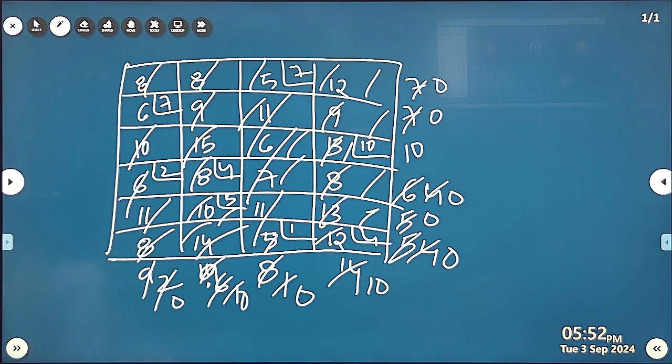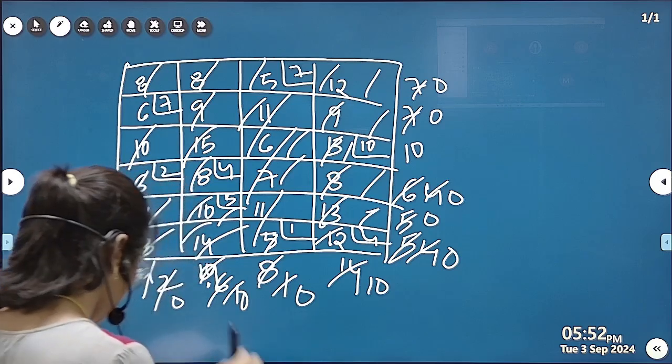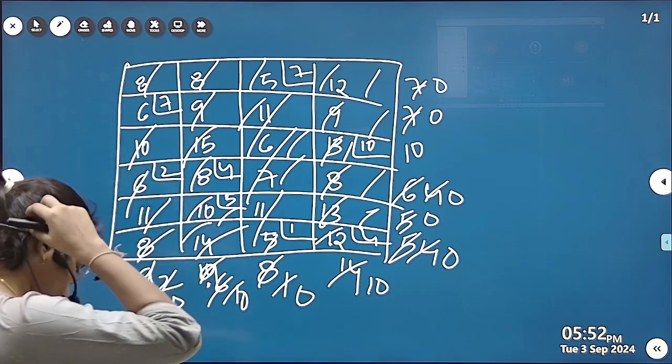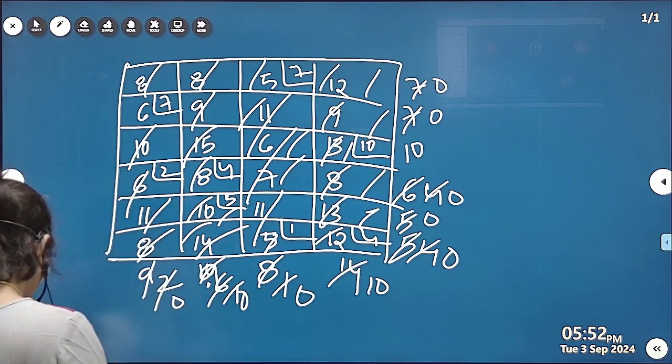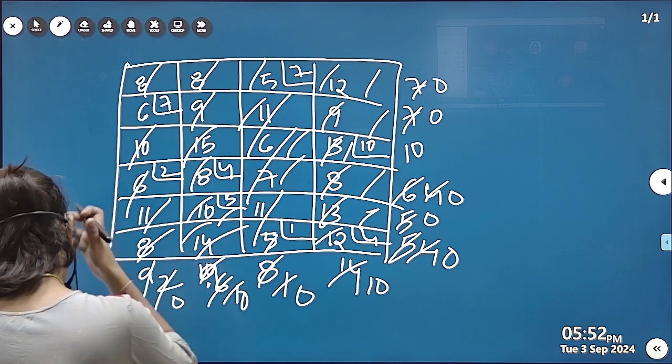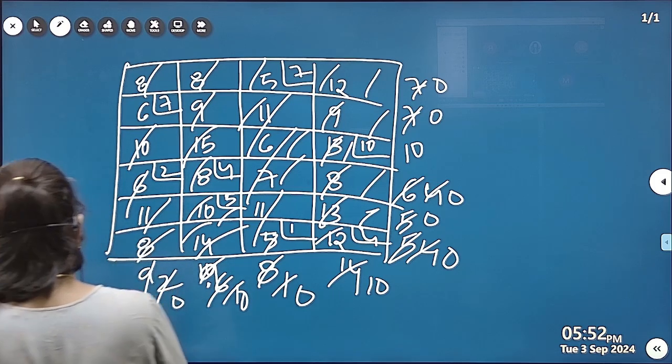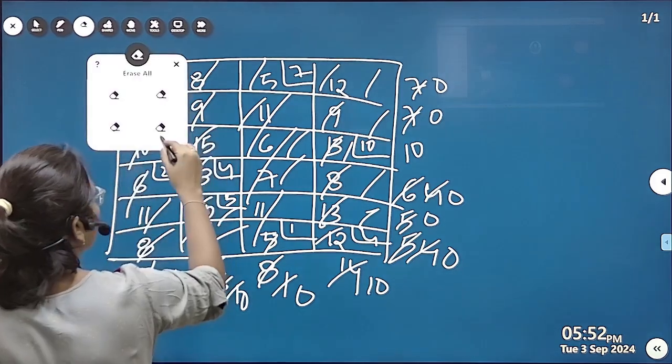So let us do example number 2. So I'm erasing this.